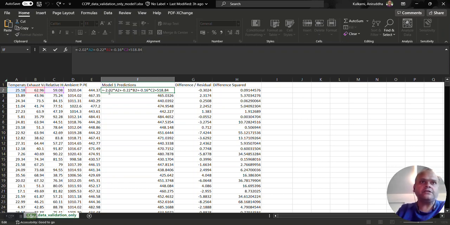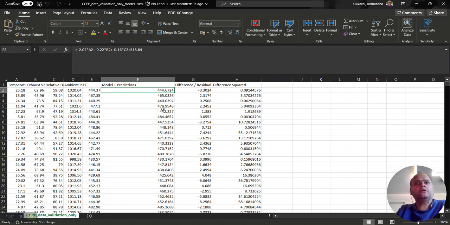So if you can see, it's multiplying temperature by some coefficient value plus the exhaust by some other coefficient value, and so on, plus it's adding on the constant value. And based on this, model 1 generates these predictions, all the way for each of the rows here.